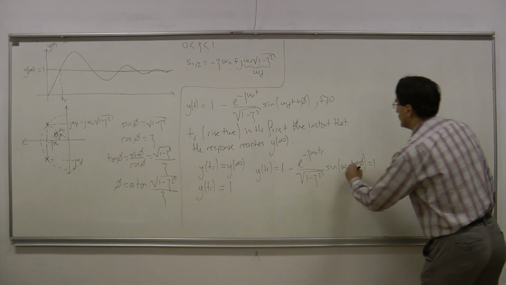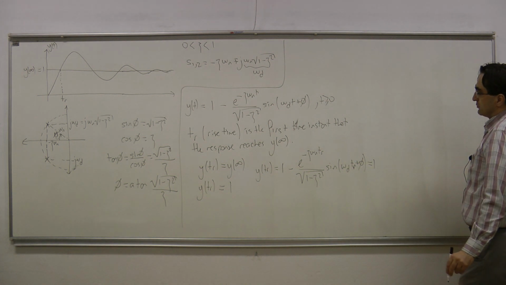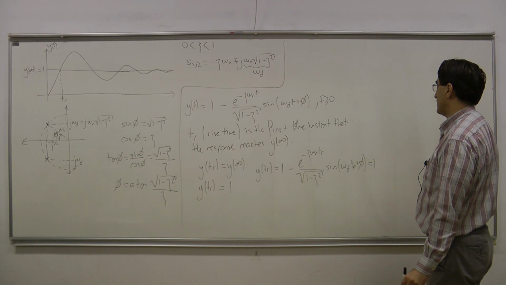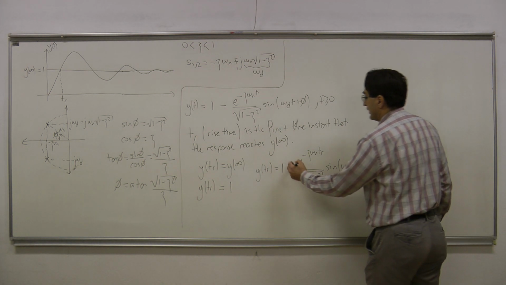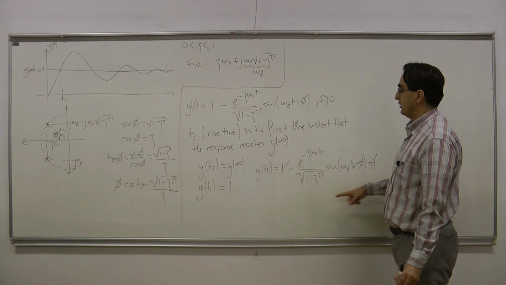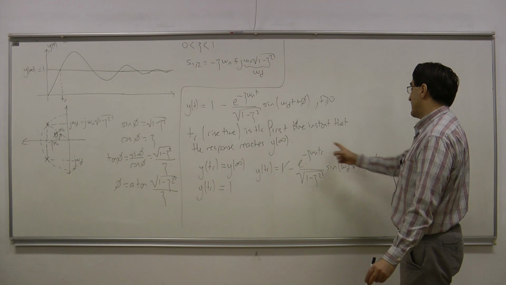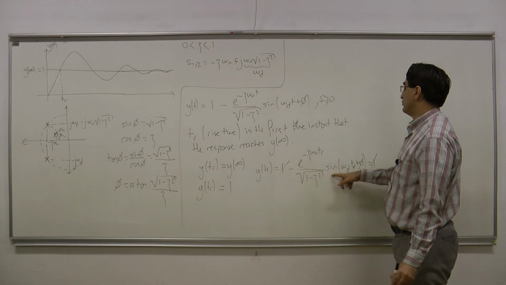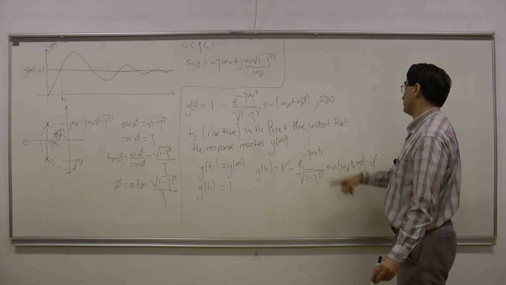Instead of t, I'm writing tr here. The ones cancel, and then the second quantity should be equal to 0 at tr. That means that one of these quantities should be equal to 0.